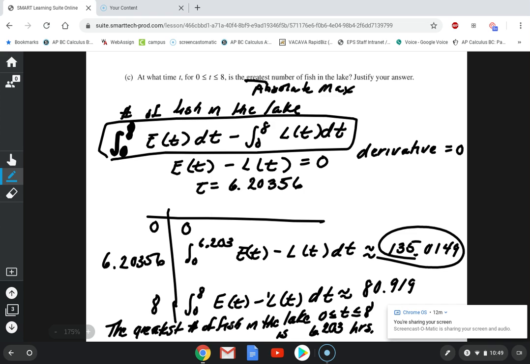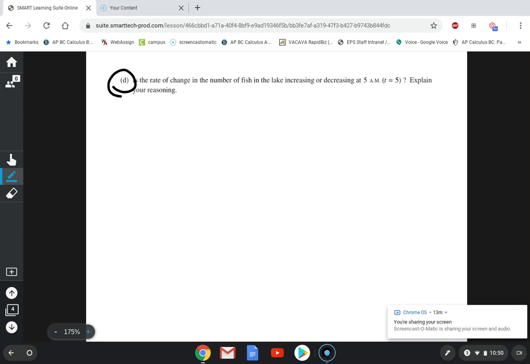Is the rate of change in the number of fish in the lake increasing or decreasing? So we're looking at part D. Now remember, increasing or decreasing is based on the sign, positive or negative, of the derivative. So the rate of change is the overall function.